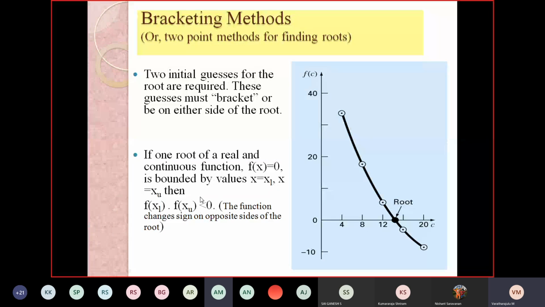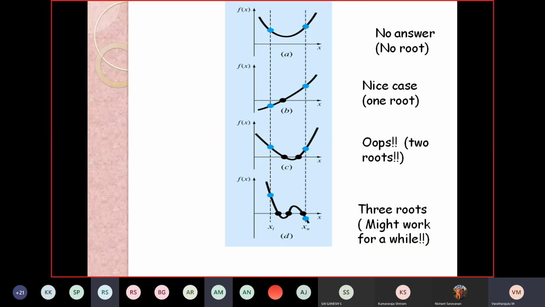Therefore, this method is called the bracketing method. Concerning the given curves, in case A the given curve doesn't meet your x-axis, therefore it does not have any real roots.